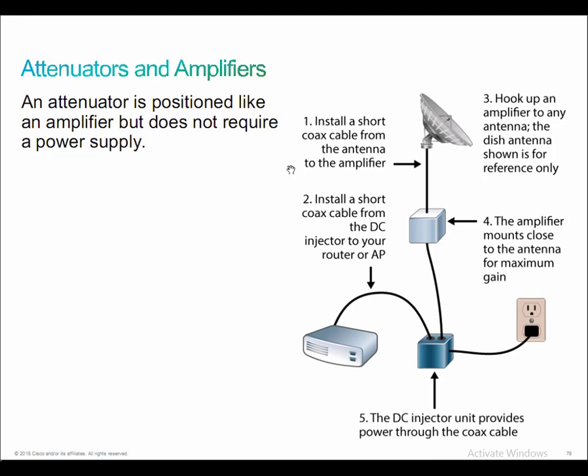They're filters, so they can be passive. In other words, they don't have to necessarily have an external power source connected to them. But if the signal that's sent from the antenna is too strong for that location, and we need to bleed some of that signal off, we can use an attenuator to do that.